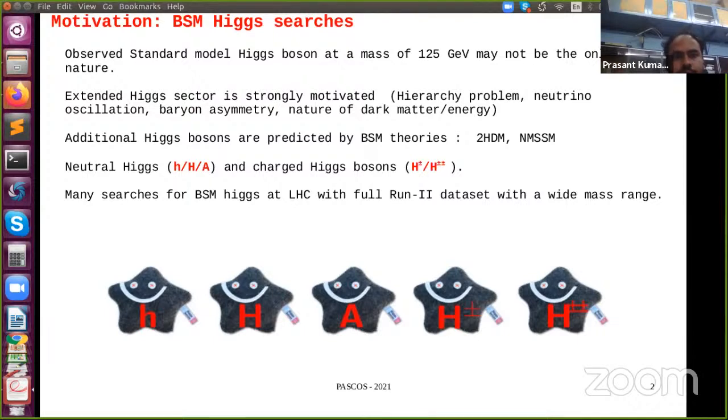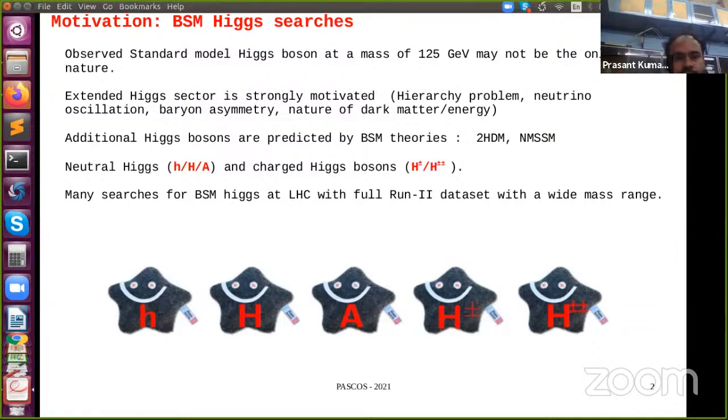Some additional Higgs bosons are also predicted by extended parameter spaces of BSM theories, like the two Higgs doublet model and the next-to-minimal supersymmetric standard model. Accordingly, we can have neutral Higgs bosons and also charged Higgs bosons, singly charged or doubly charged. Among the neutral Higgs bosons, we can have light neutral Higgs bosons and also heavy neutral Higgs bosons.